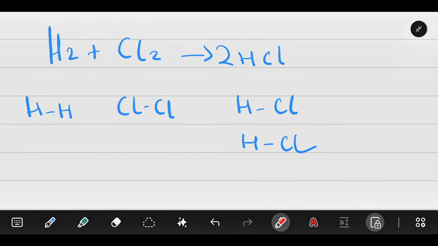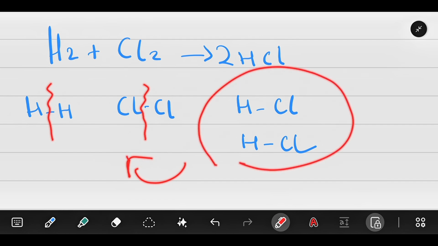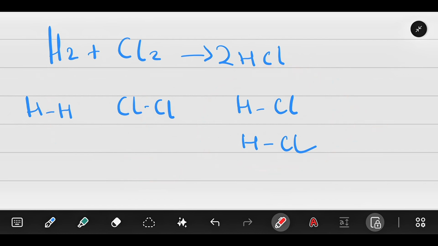For the reaction to work, we will have to break this hydrogen-hydrogen bond and this chlorine-chlorine bond, which would require energy and be endothermic processes, and they would form two of these HCl bonds, which will release energy to the surroundings and be exothermic processes.